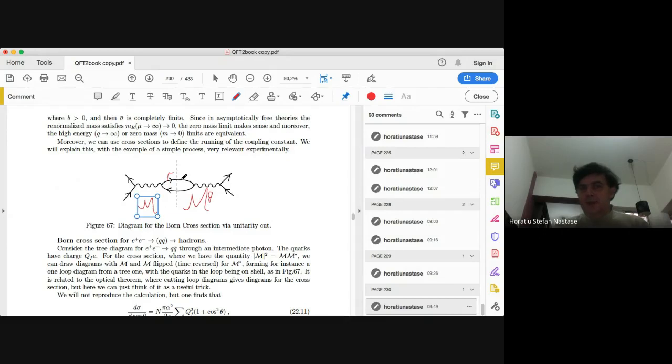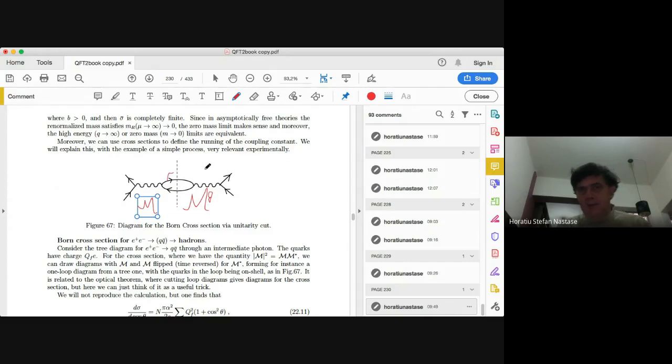But to the left of the cut, so to the right of this M diagram, I have hadron states that I'll call states N. So there's a vacuum here, there's an electromagnetic current, and there's a ket N for hadrons.